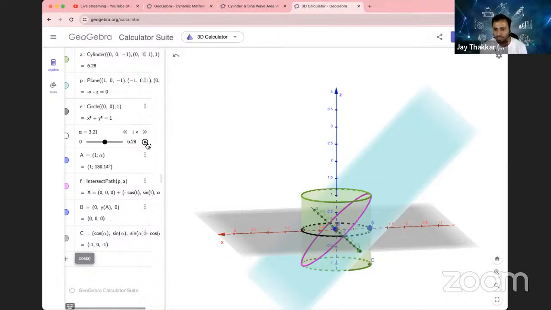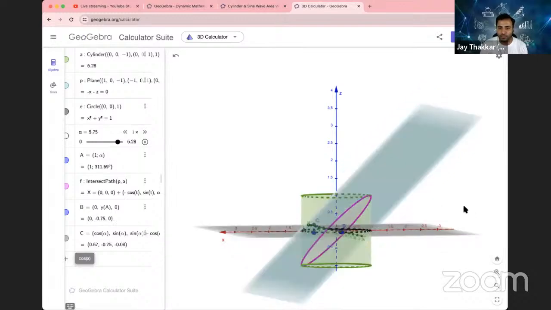Now you will see that the function C is also certainly not moving in the way we want. Sometimes its height goes beyond the height of the cylinder, and it's even going below, also not matching what we wanted.